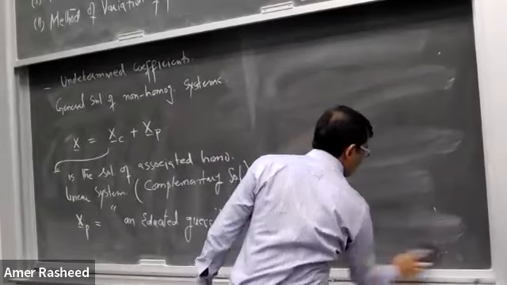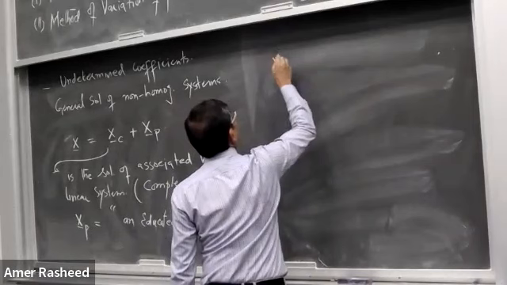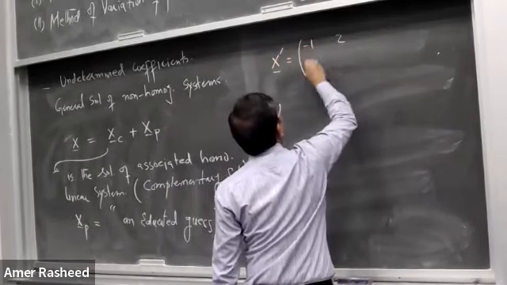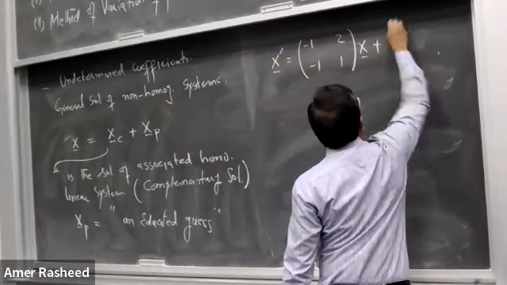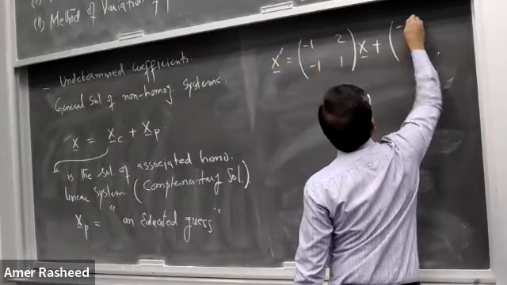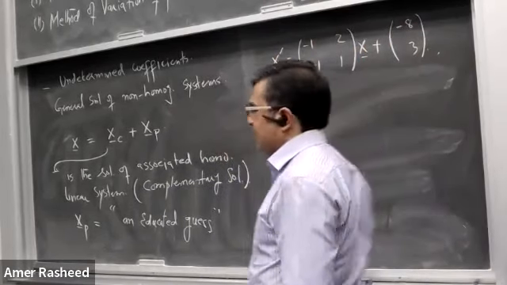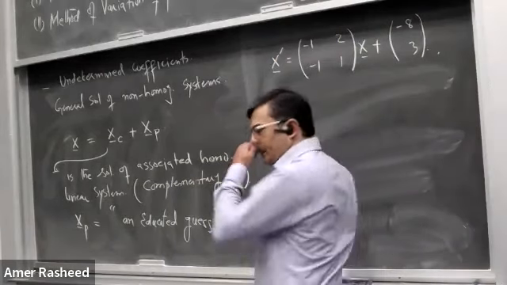previously the system we wrote, for example, x dash is equal to [-1, 2; -1, 1] times x plus f, which was [-8, 3]. If this is the non-homogeneous linear system, I hope you can find the complementary solution.